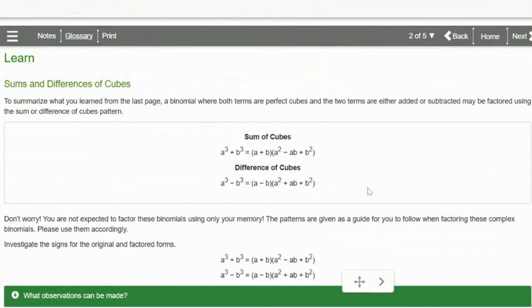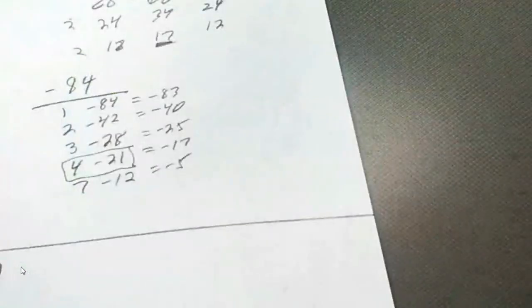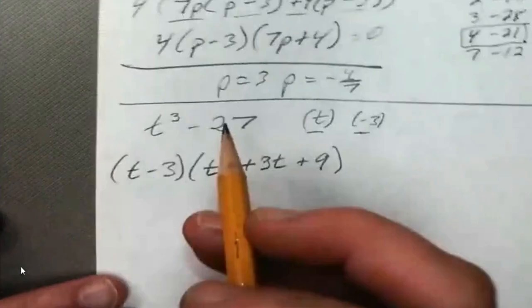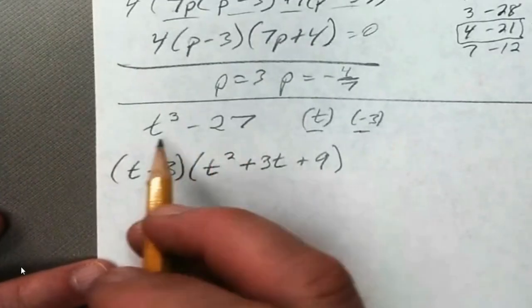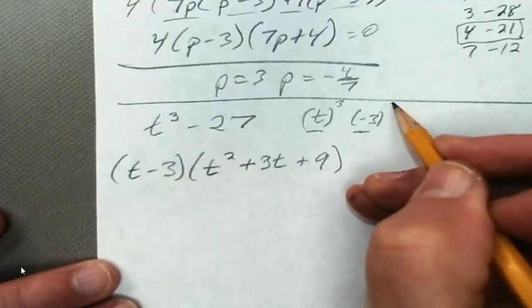So let's write down in our notes the shortcuts, because they're just going to give it straight to us. Don't have to calculate it another way. They showed us kind of how you get there, so that's why I wrote down their example. They took t to the third minus 27. They said, well, this is t cubed, and this is negative 3 cubed.